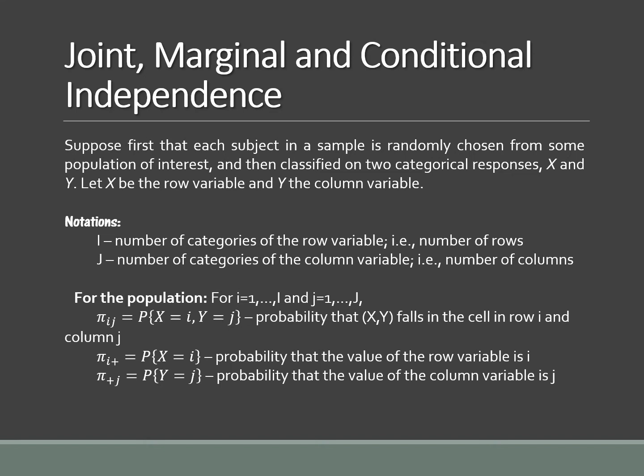Suppose each subject in a sample is randomly chosen from some population of interest, and then two characteristics were captured from those subjects. The first characteristic is the variable X, which is a categorical variable, and the second is the variable Y, which is also a categorical variable.